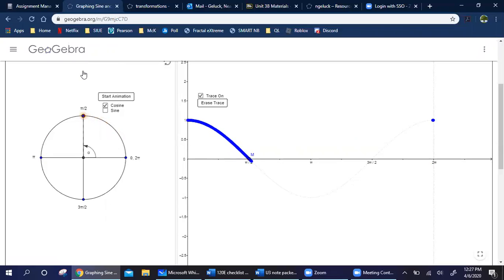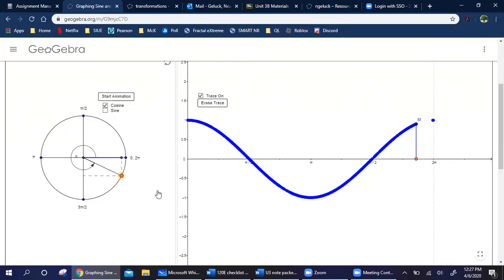At pi over 2, the cosine is 0. Cosine is negative over here, but getting closer and closer to -1 until it reaches -1. Cosine gets closer and closer to 0. And then it hits 0 at 3 pi over 2.